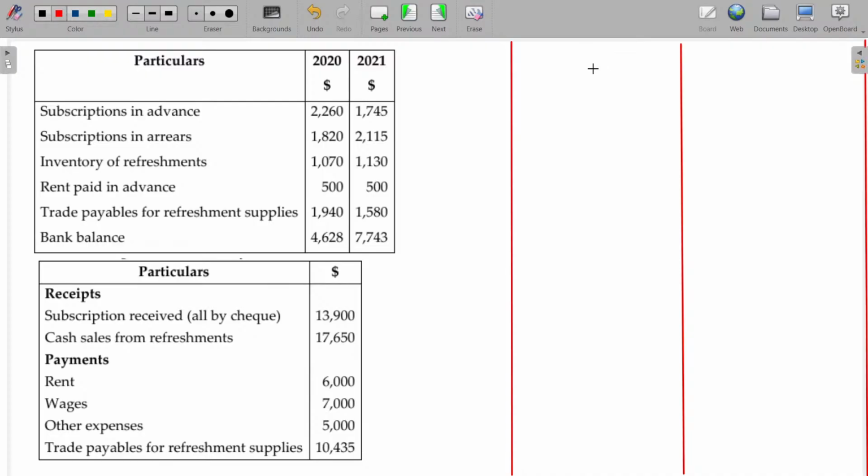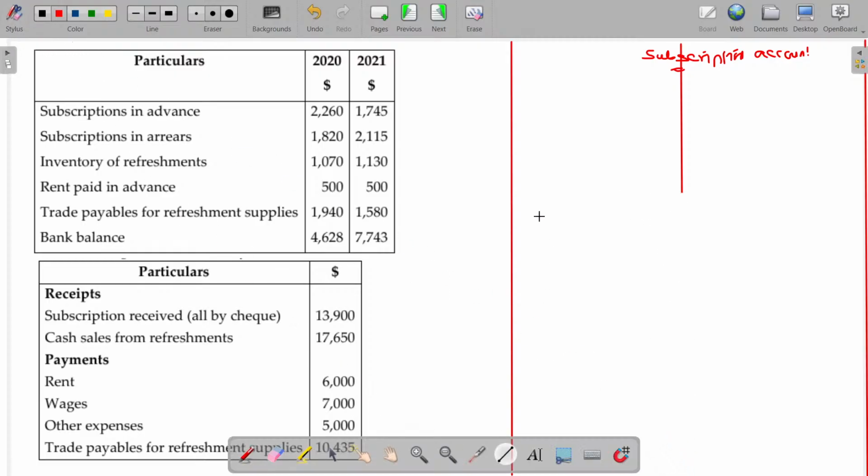So, subscription account. We have to prepare two more accounts.